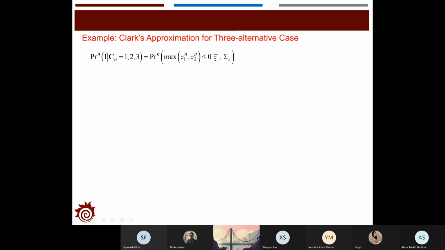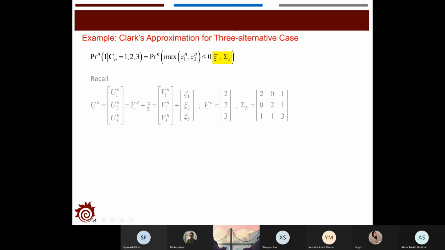Initially we assume, so here let's consider an example. Start with an example to do the analysis. So assume that we know the value of v is 2, 2, 3.